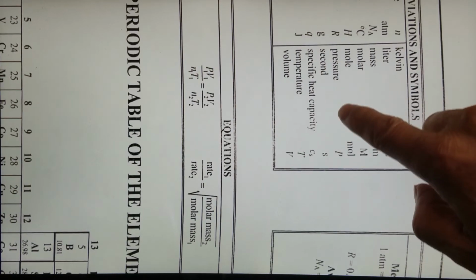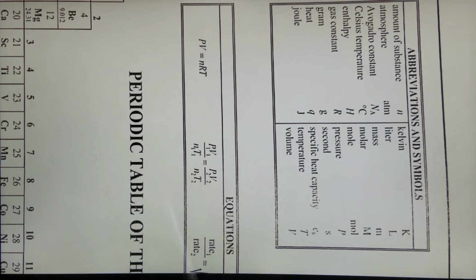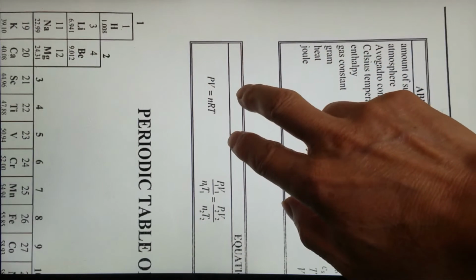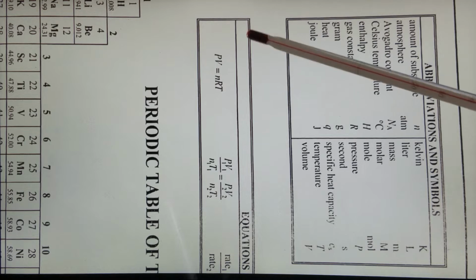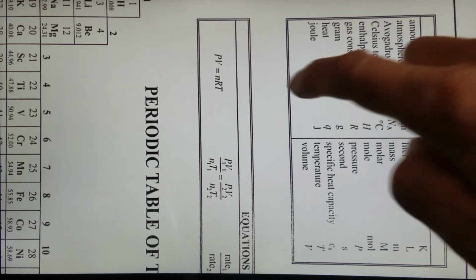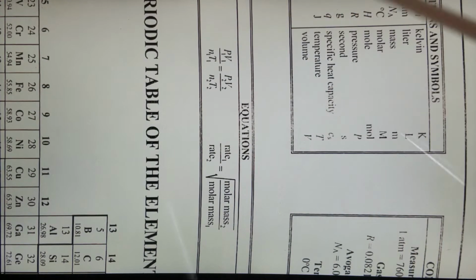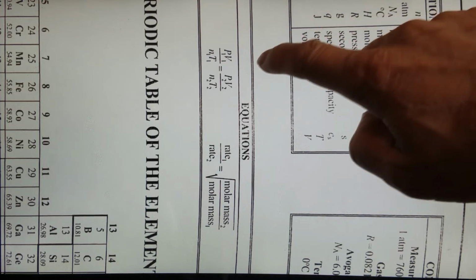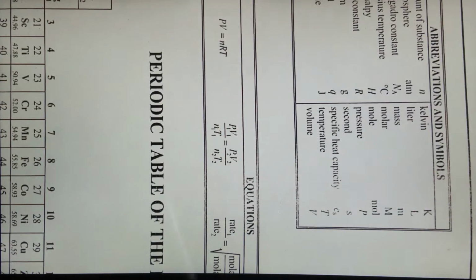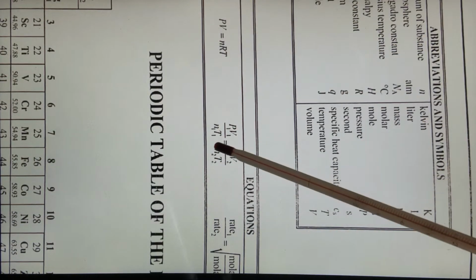And then equation-wise, you have this key ideal gas law equation, PV equals nRT. And then from there, you have P1V1 over n1T1 equals P2V2 over n2T2, as I repeatedly emphasized in my lectures, so you should be able to write other related equations from the key equation.